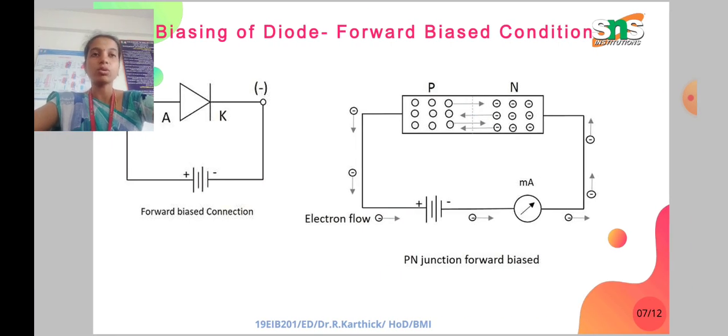Biasing of a diode. We have two types of biasing: forward biasing condition and reverse biasing condition. In the forward biasing condition, the supply is connected with the positive side, and in the reverse biasing condition, the supply voltage is connected negative to positive, so there will be negligible current flow.